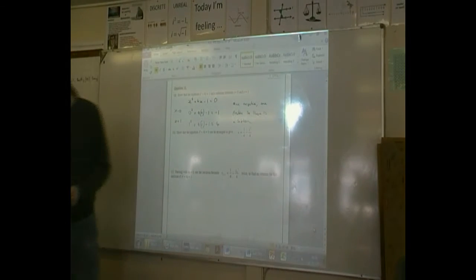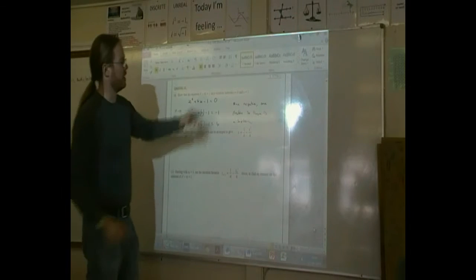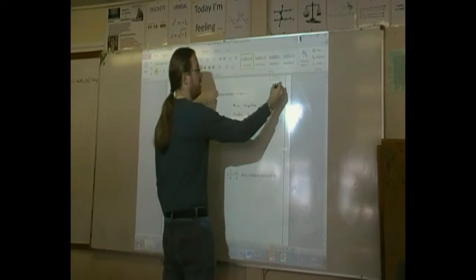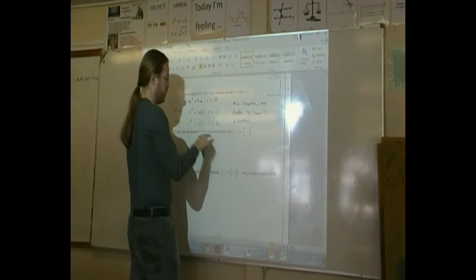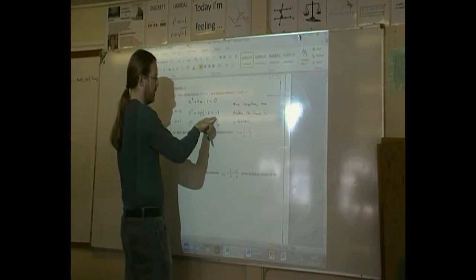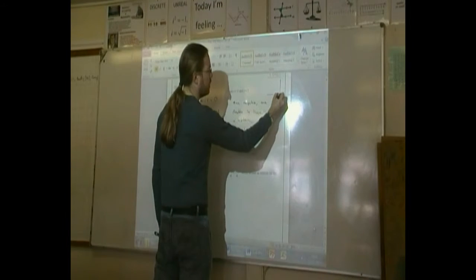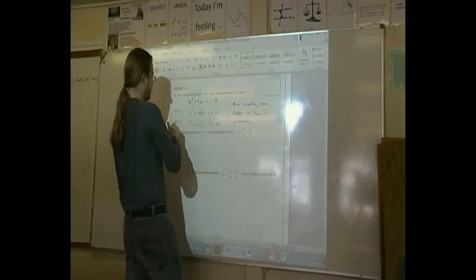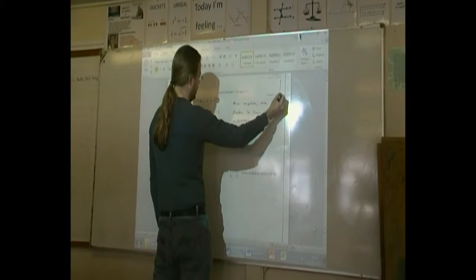Okay, if I was to draw this as a graph, I'm not going to try and replicate the x cubed as such, but we'd have the y value when x is 0 and when x is 1.